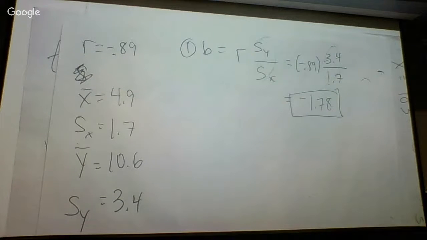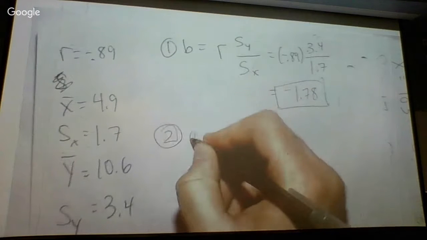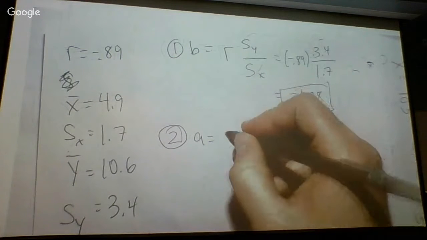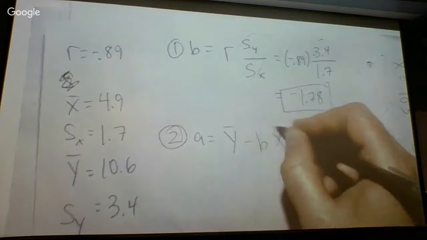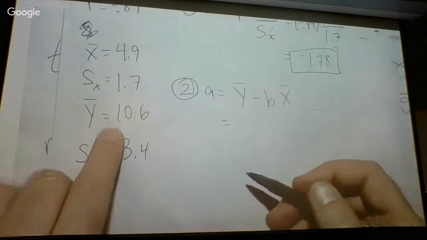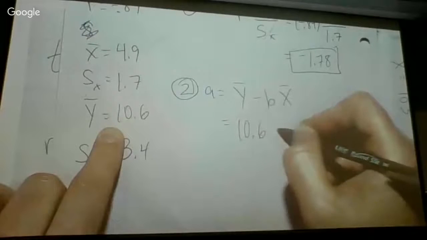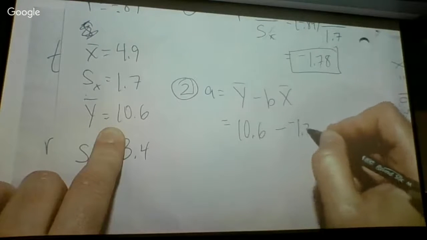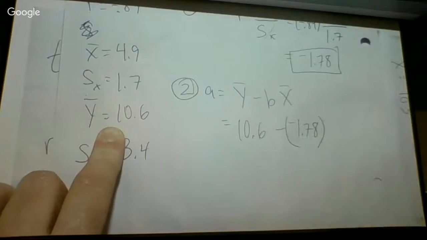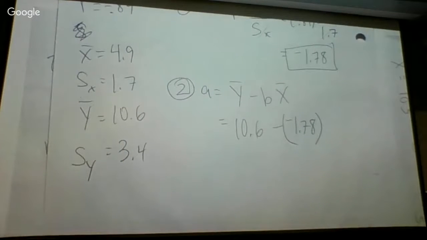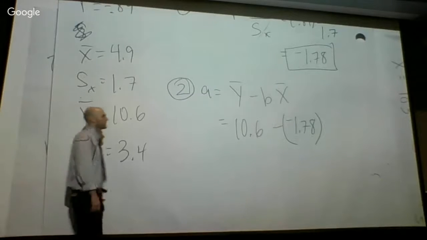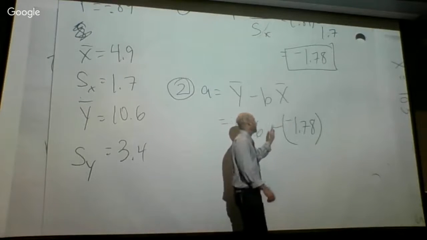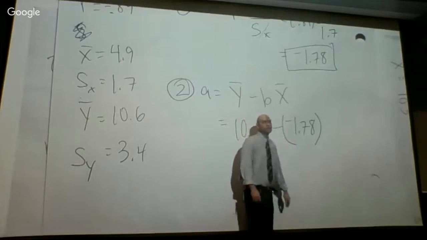That's how you calculate B. Step 2, calculate A. A is y bar minus B times x bar. Y bar is 10.6. B is negative 1.78. More pre-algebraic flashbacks: if you subtract a negative, you're adding.